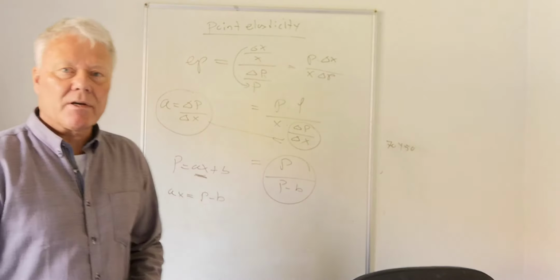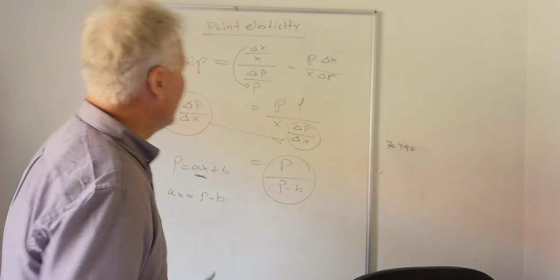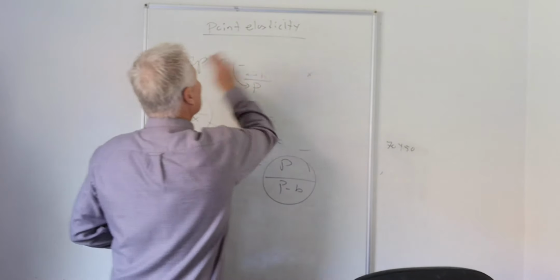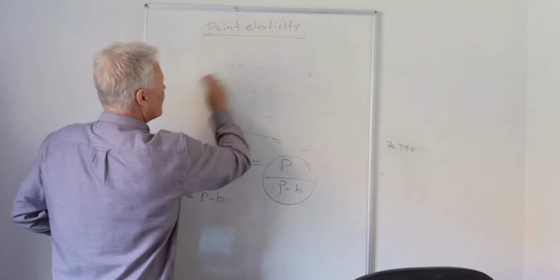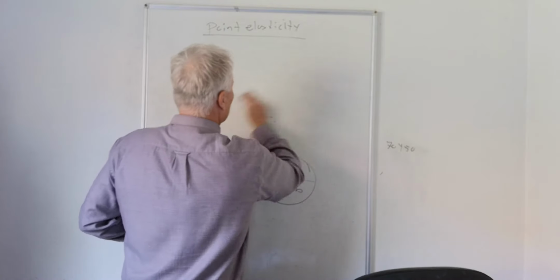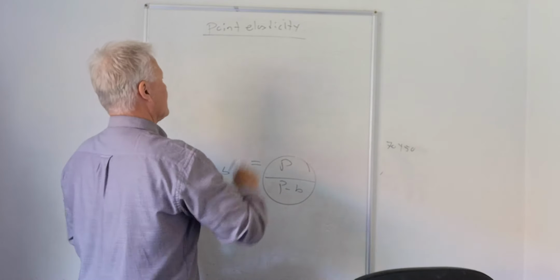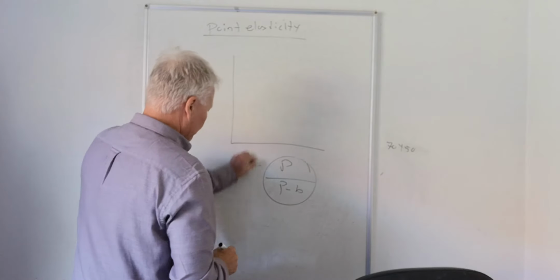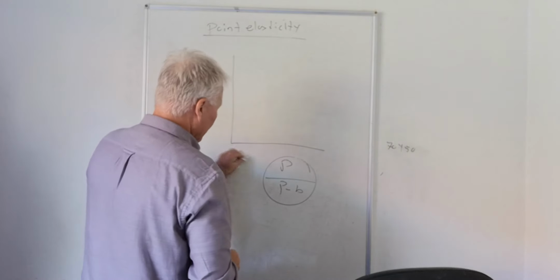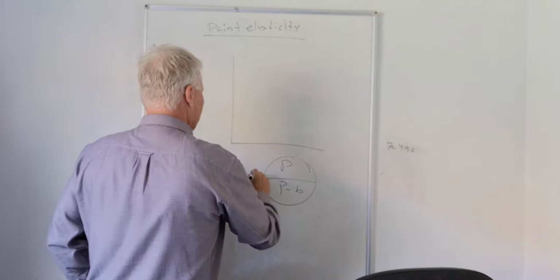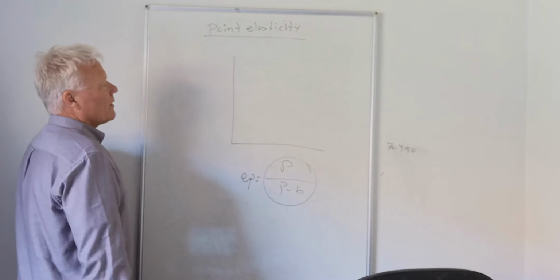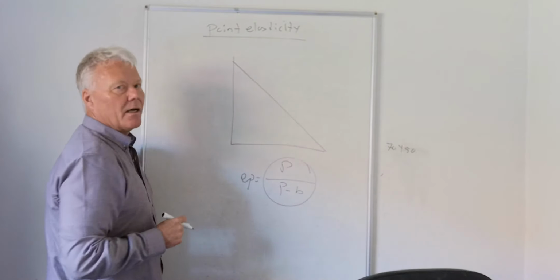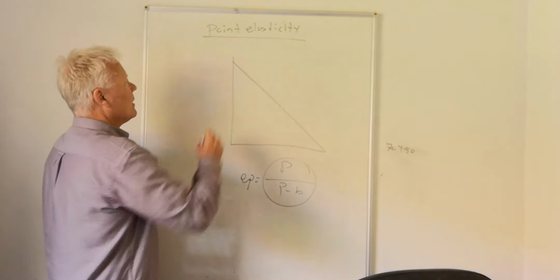So let's take the cigarette example again. Back to that one. Let's see if we can find some point elasticities here. Okay? EP is equal to that one. So let's look at 3 different prices.